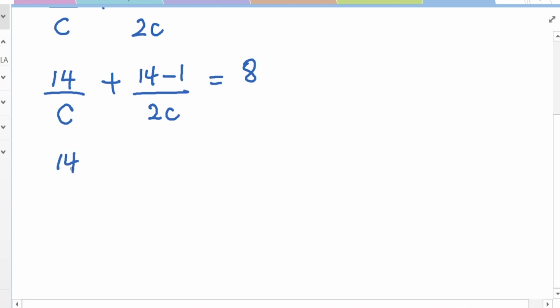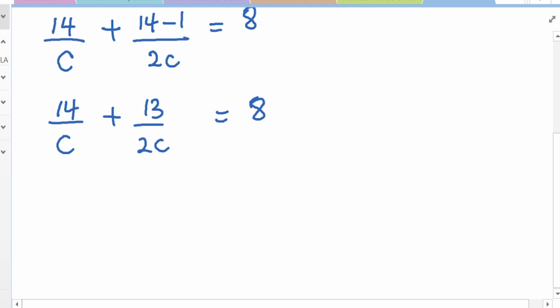So this is going to become 14 over c plus 14 minus 1, which is 13 over 2c, is going to give us 8. From what we can see here, this is as good as asking us to make c the subject of the formula.